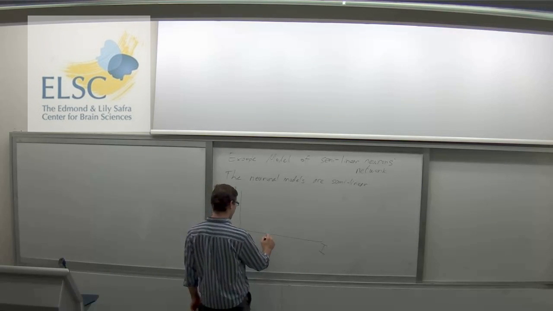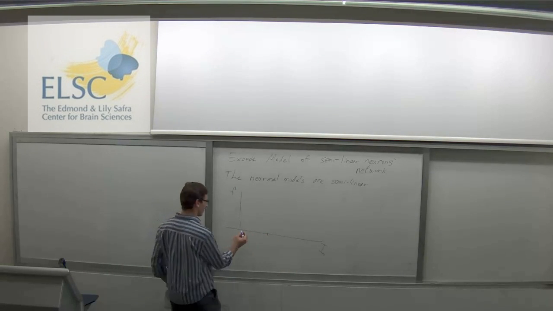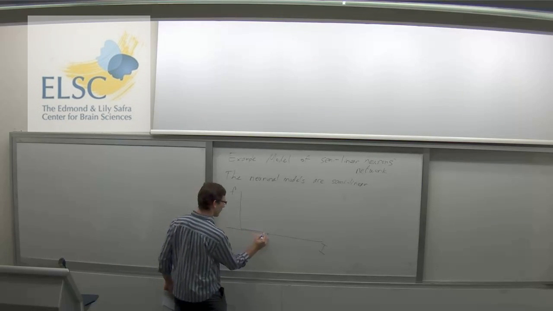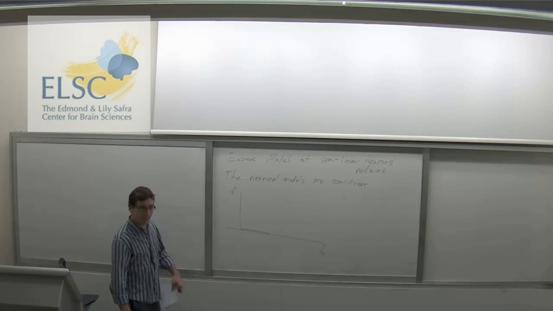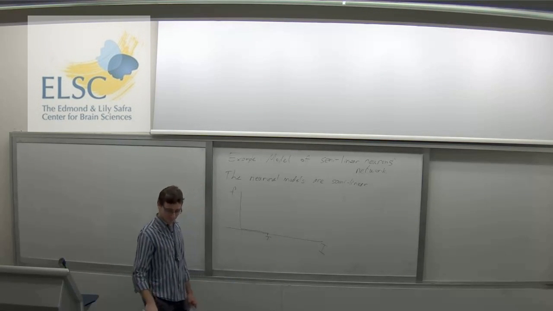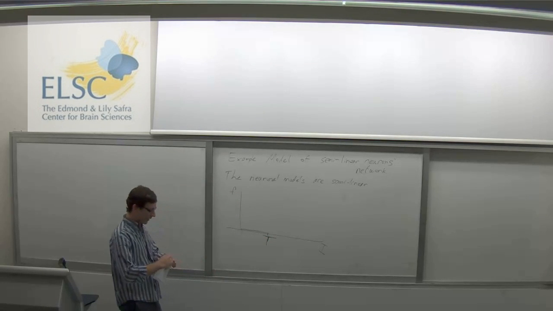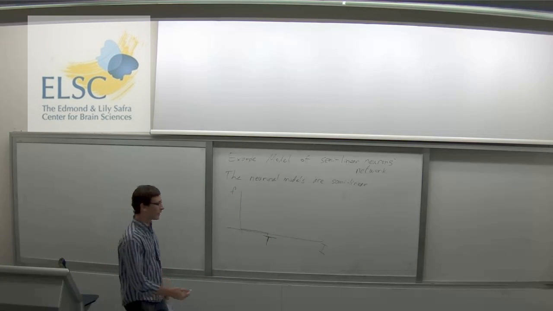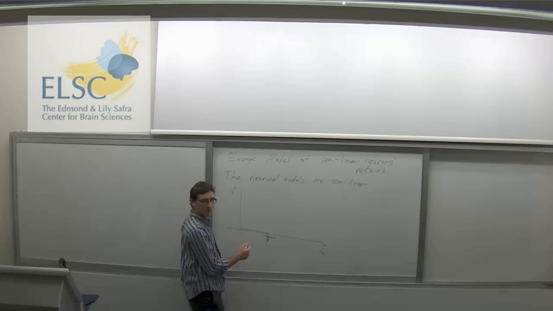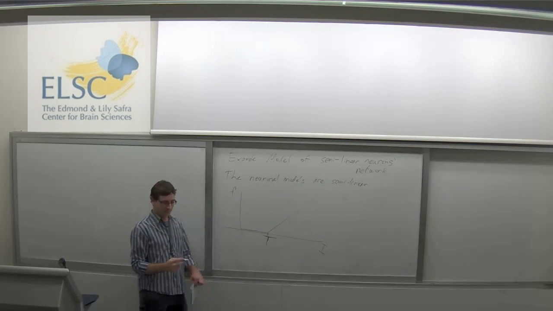So the neurons are silent, they don't fire until the current reaches some threshold T, and then from that point the firing rate of the neuron is growing linearly. Okay?